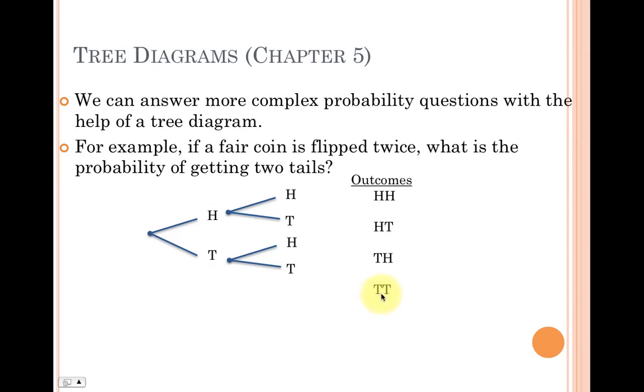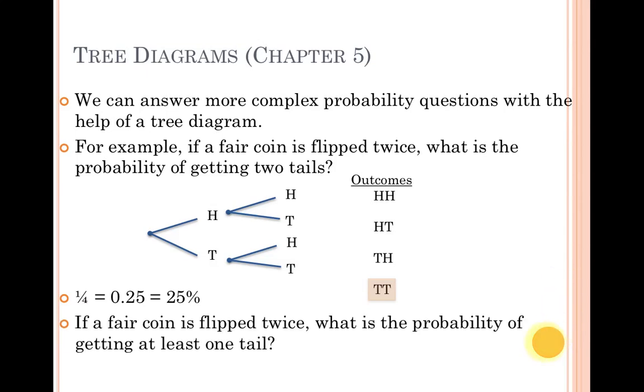There's only one way to get 2 tails, so our probability is therefore 1 over 4, 1 out of 4, which is 0.25 as a decimal or 25% as a percent. On WebWork, you will be asked whether to give your probabilities as a fraction, as a decimal, or as a percent. So if there's ever any ambiguity, you should read the directions and you'll probably see how you should give your answer in the directions.